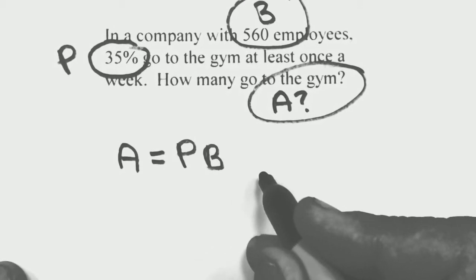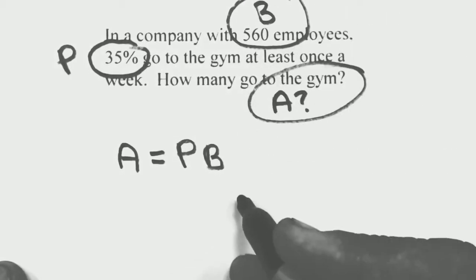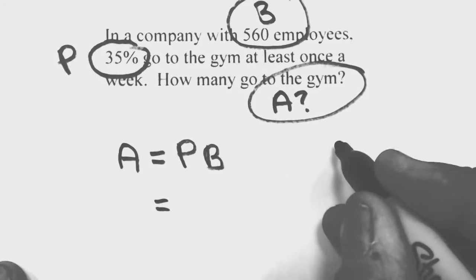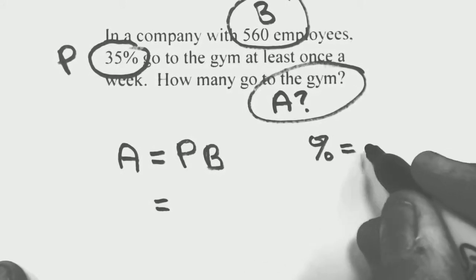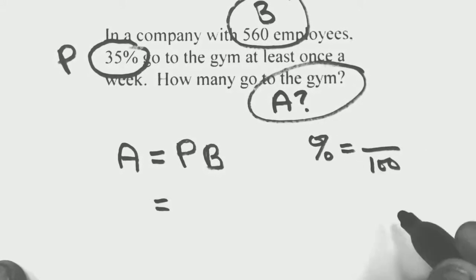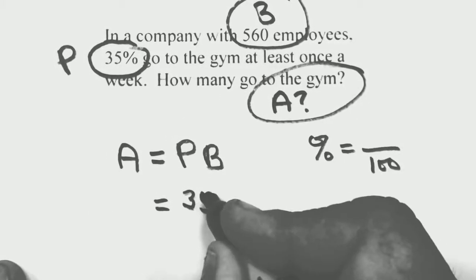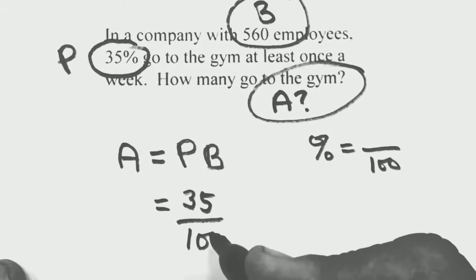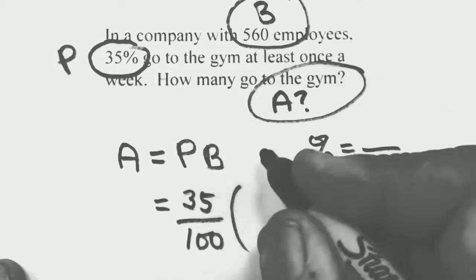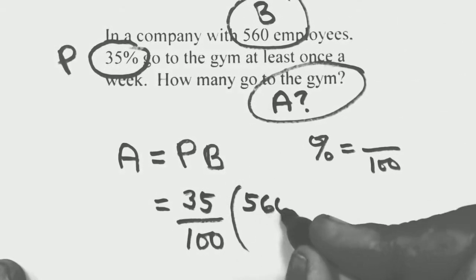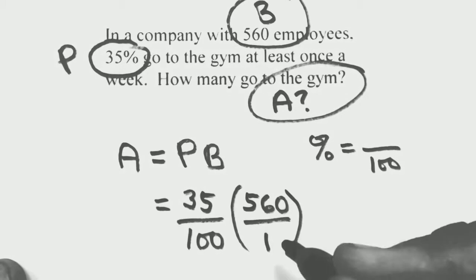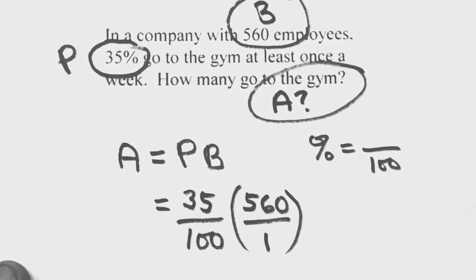A equals P times B. And once again, I'll go ahead and use our little relationship, take the percent sign and trade it in for over 100, because 35 over 100 we can do some reducing on, and then of course multiply by the base, 560, and I'll make a fraction out of it just because this guy's a fraction.